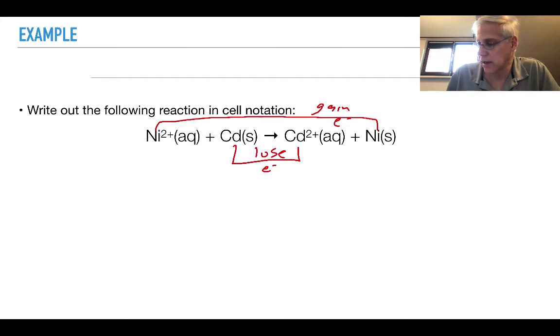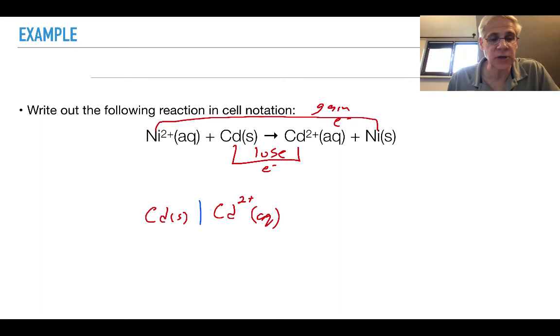So we're going to have cadmium solid, then we're going to have our phase boundary, and then cadmium 2 plus aqueous. Okay, and that's all we know. We don't know the concentration, so we don't need to put it in there. Then we have our salt bridge.